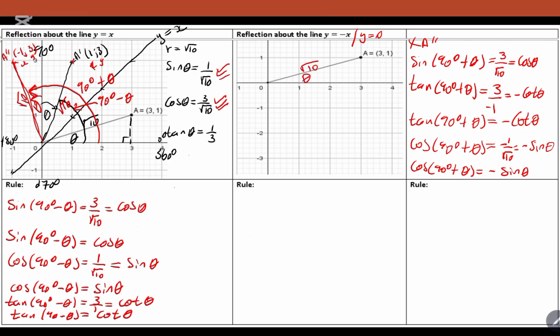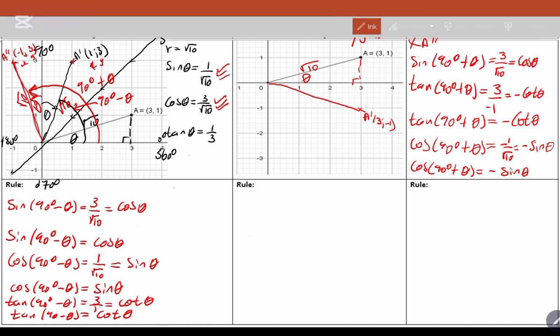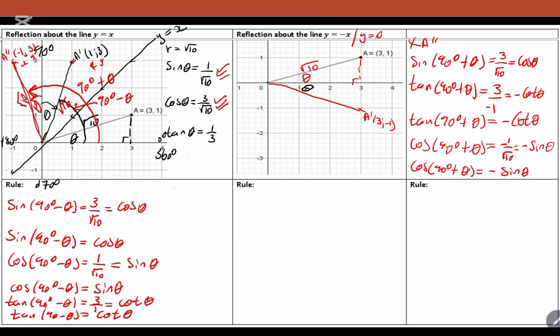Our terminal arm is square root of 10, and therefore we are reflecting this terminal arm about the x-axis first. So when we reflect about the x-axis, our A prime will therefore be 3 and -1. So that point will lie here. So our A prime will be 3 and -1. So let us represent the terminal arm. So the reflected angle theta is marked there.